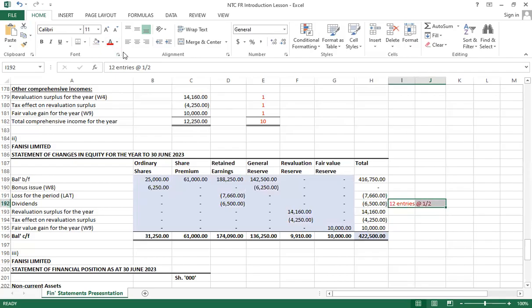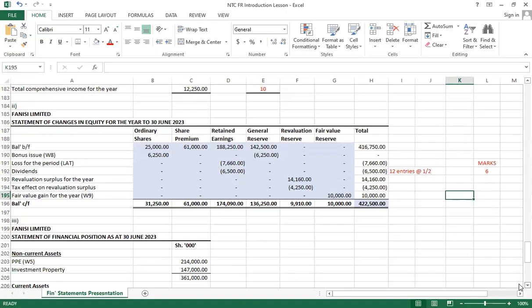So they will not have 1 mark each. So the total marks awarded for the statement of changes, 12 entries at a half, will give us 6 marks.